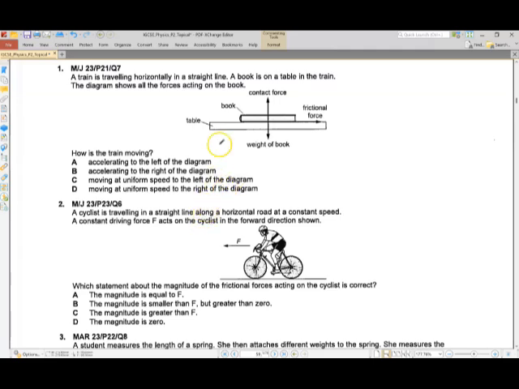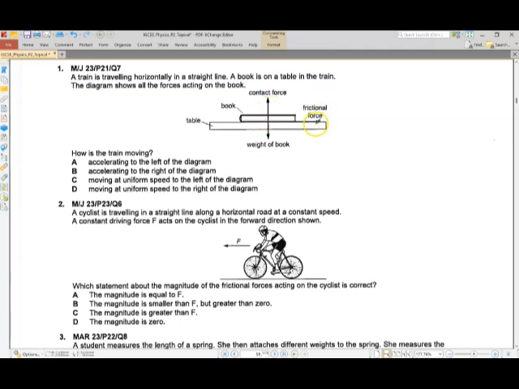Okay, let's see. Now the image states that this is the contact force in the upward direction. The weight of the book is in the downward direction. Frictional force is towards the right, and we need to tell by looking at this diagram how or where the train is moving. Okay, now we can always say that the upward force and the downward forces are balanced.